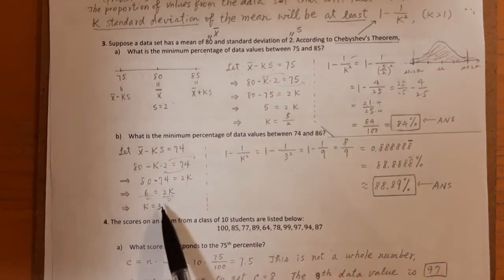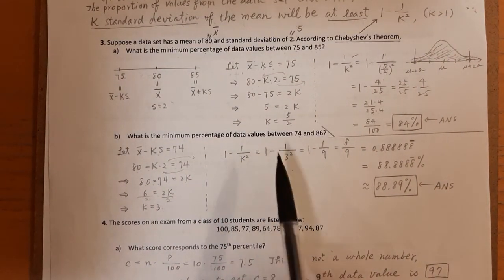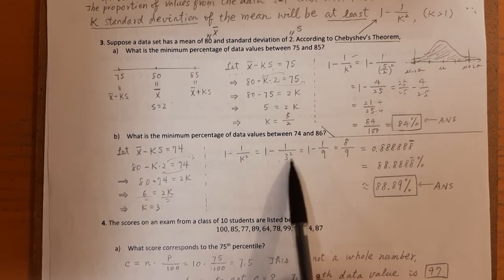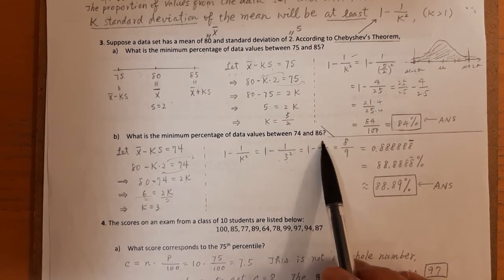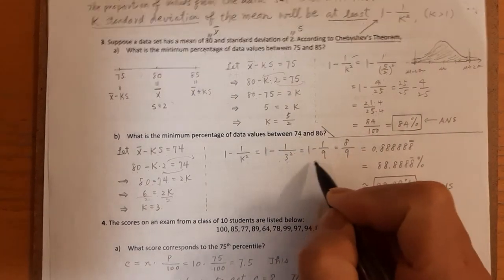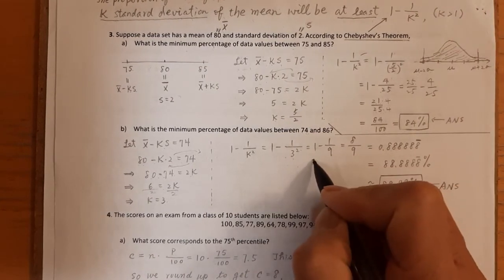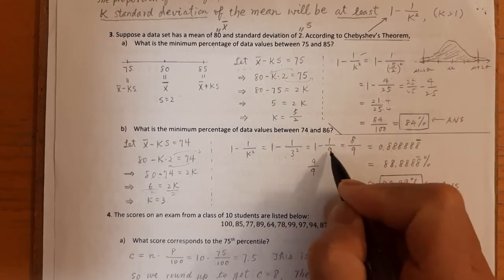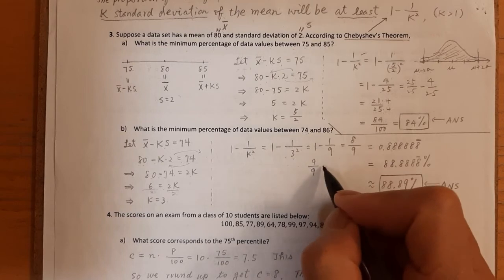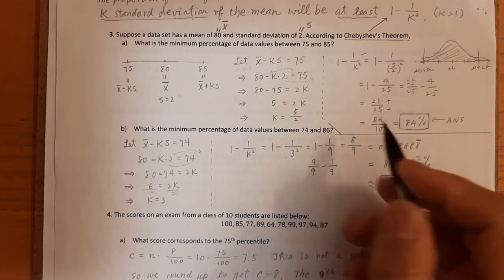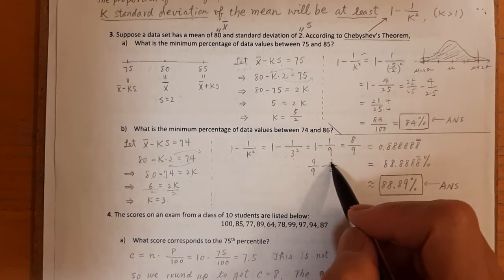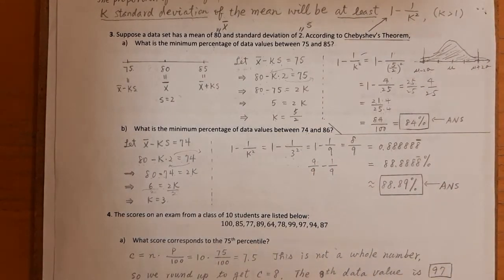So in the case of 3, plug in: 1 minus 1 over 3 squared. So it's 1 minus 1 over 9. Change the denominator: 9 over 9 is 1, minus 1 over 9. So the denominator is 9, 9 minus 1 is 8. So it's 8 over 9.